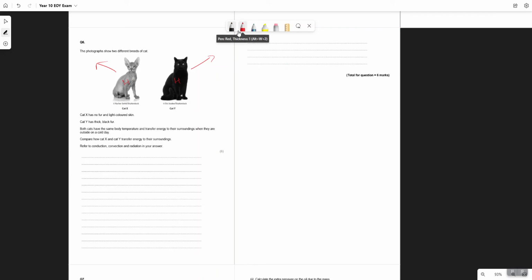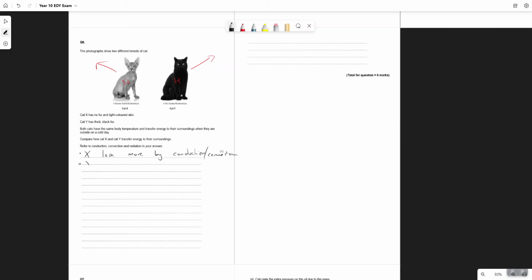So let's consider, well, we know this one's got fur, this one doesn't. This one's black, this one isn't. And it's got light coloured skin. So let's consider our first thing. In terms of our first point, X will lose more by conduction or convection.